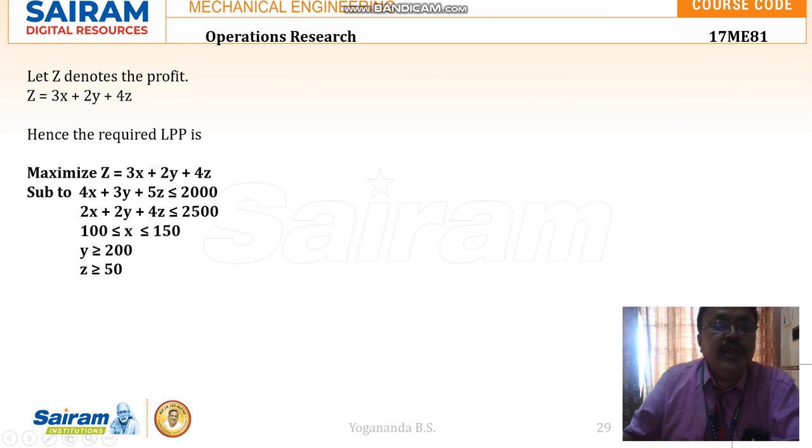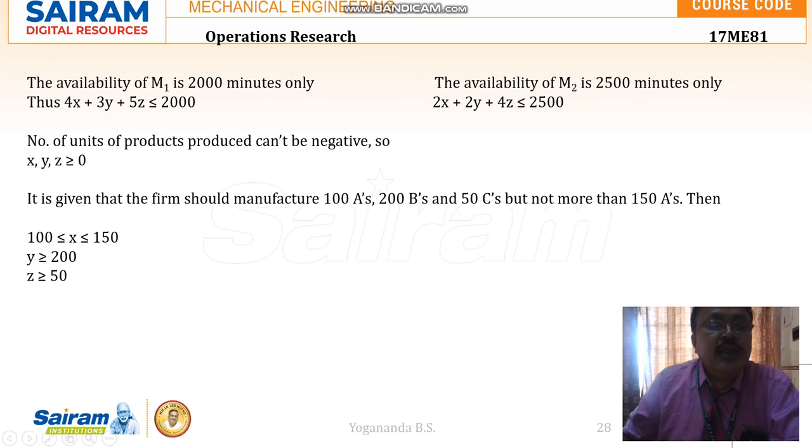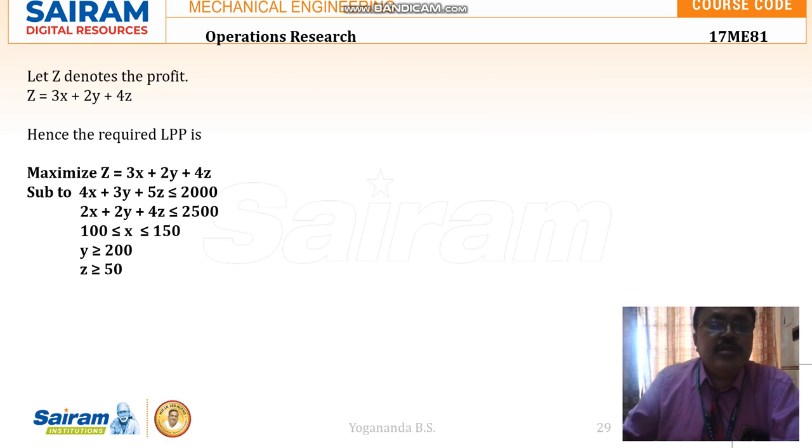Then the number of units of product A produced should be more than 100 but less than 150, shown here as 100 less than or equal to X less than or equal to 150. Similarly, the constraints on products B and C are shown here: Y greater than or equal to 200 and Z greater than or equal to 50. So this is the LPP formulated.